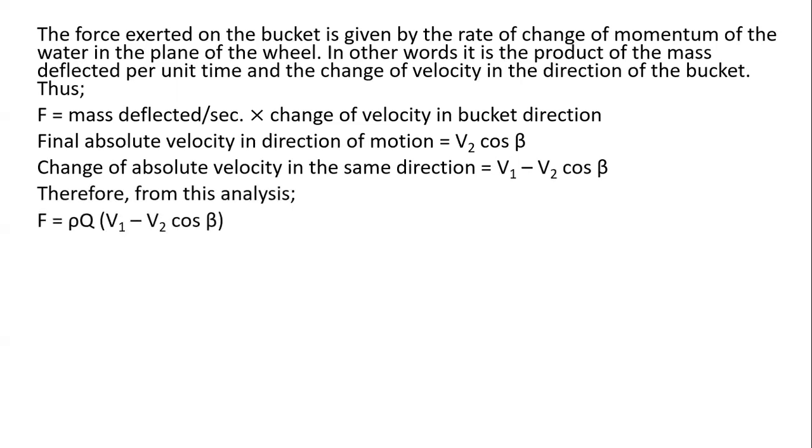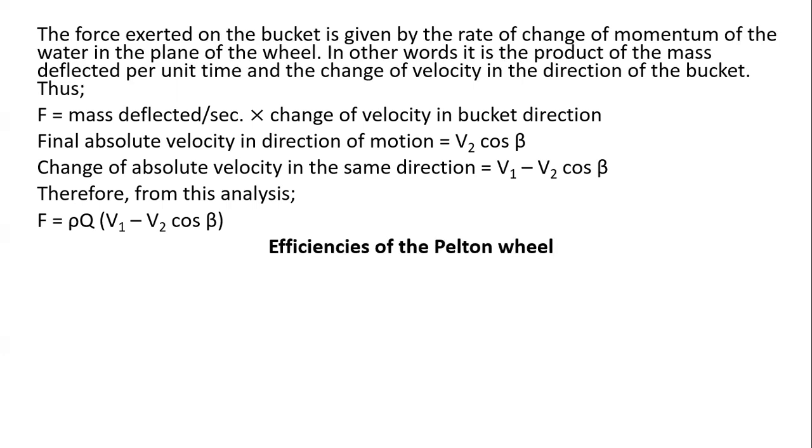We're saying the mass is supposed to be density multiplied by the discharge. When you multiply density by discharge, the volumes cancel out. Then you remain with the kgs per second as it is shown here. Then what we are talking about here as the change in velocity is this component now, which is V1 minus V2 cos beta.